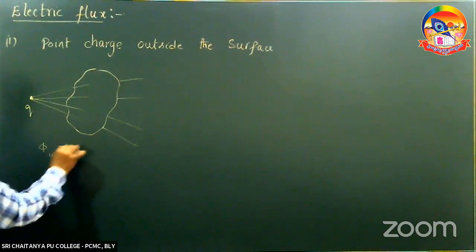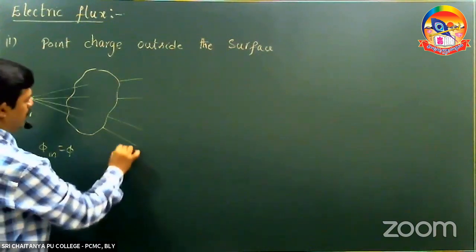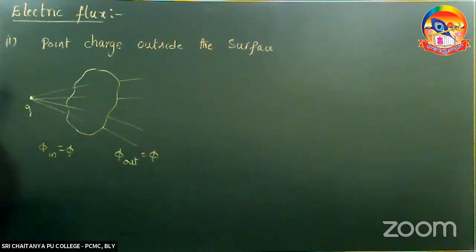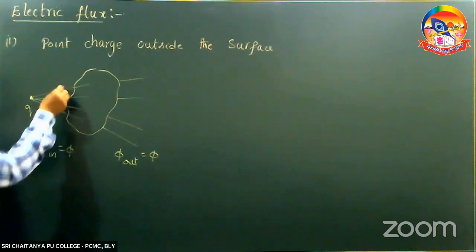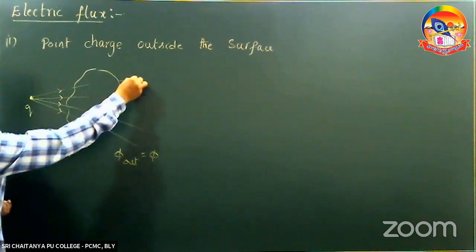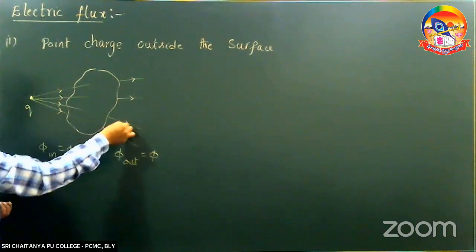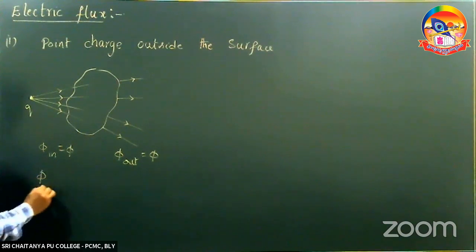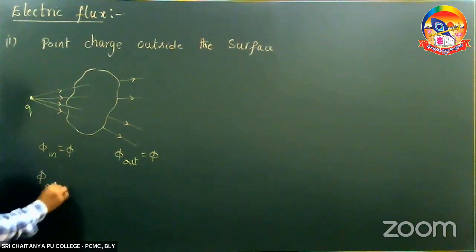Q in, Q out, also fine. But inward flux is negative, outward flux is positive. So what is the net flux? Phi net.